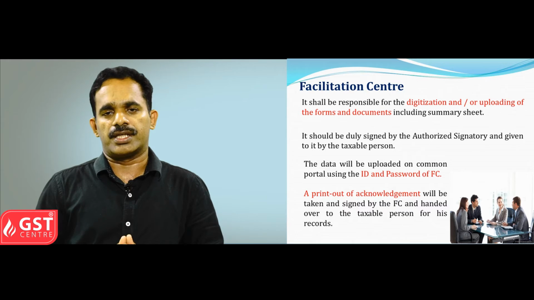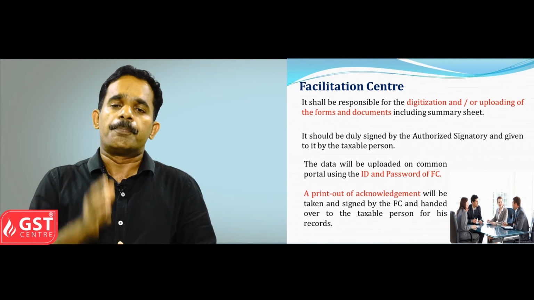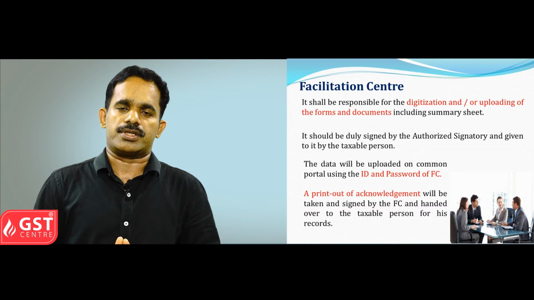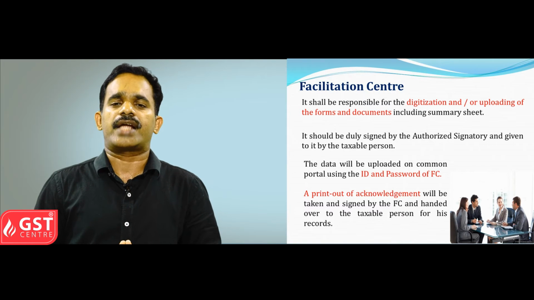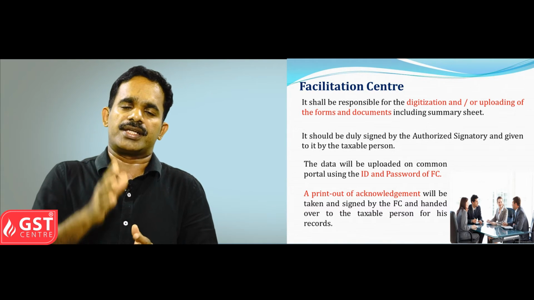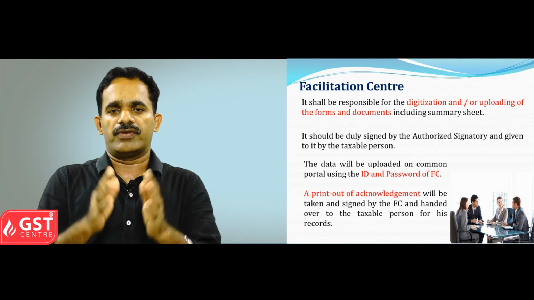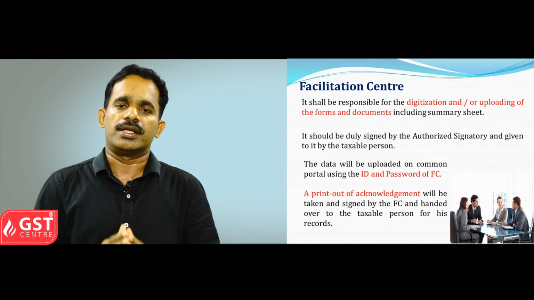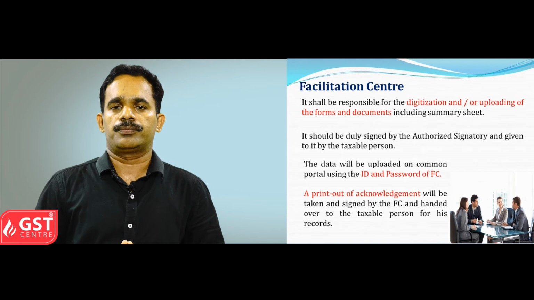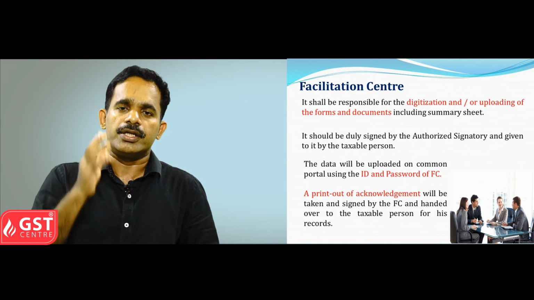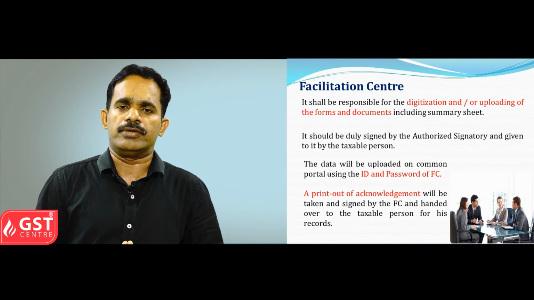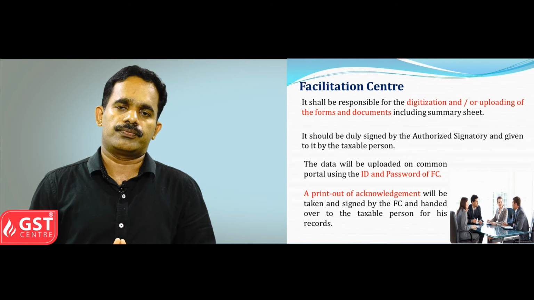A printout of the acknowledgement will be provided to the taxable person by the Facilitation Center, confirming that the relevant process is done in the GST Common Portal. The taxable person can use the acknowledgement received for his records.